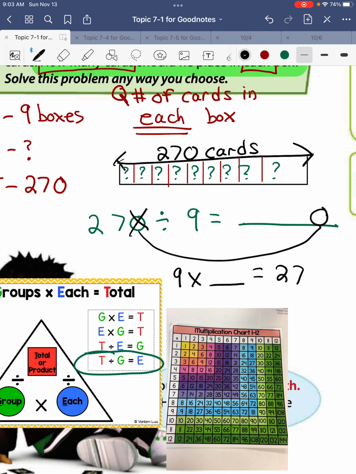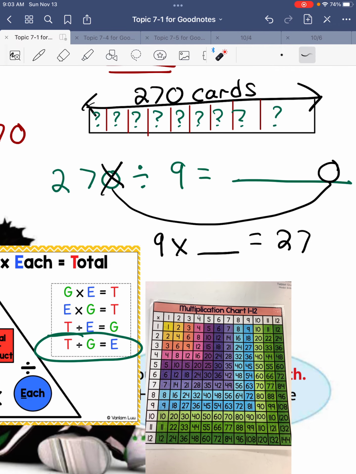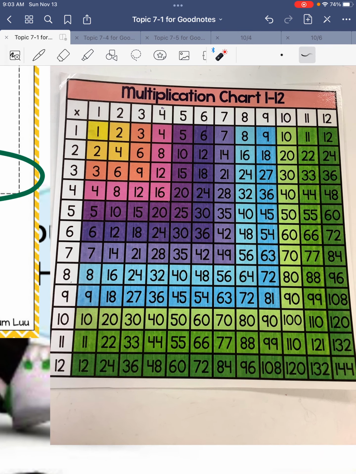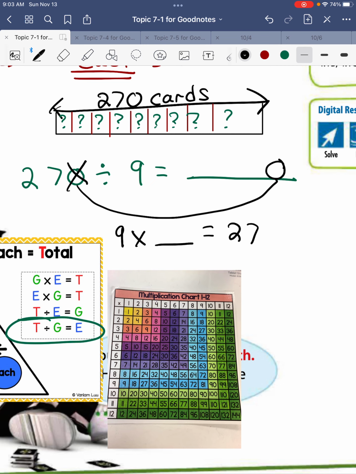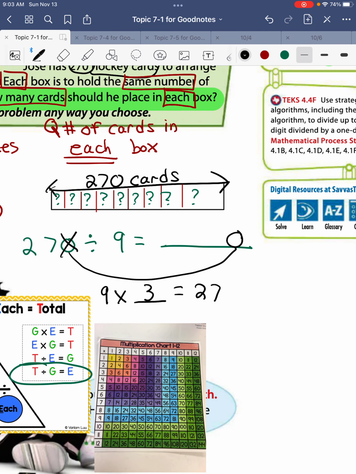Okay, if you don't know, we can look at our multiplication chart. We can go into the 9s and we can see, okay, where will I find 27? It's right here. If I go up, I get 3. So I know that 9 times 3 gives me 27. So I'm going to take that 3 and I'm going to put it up here next to its 0, next to its friend, and that is my answer, 30.